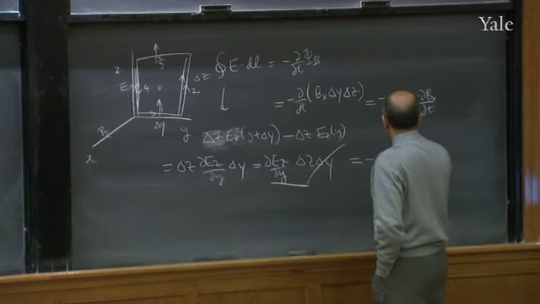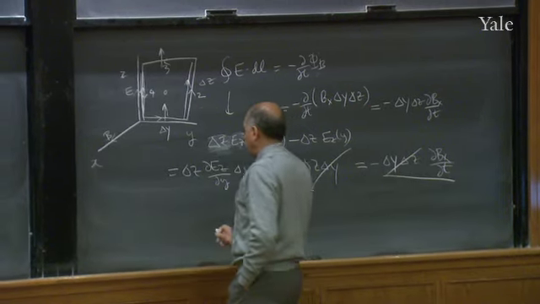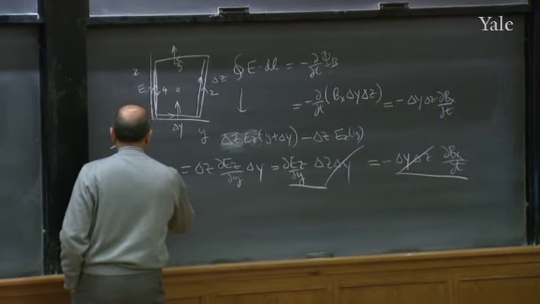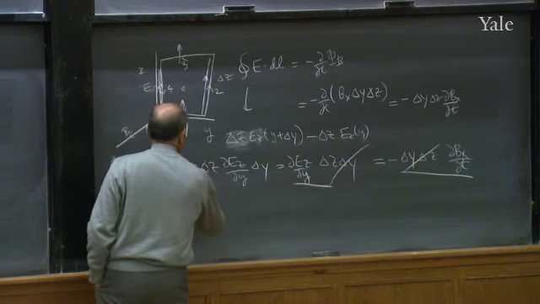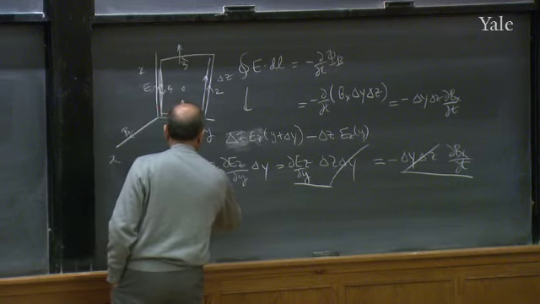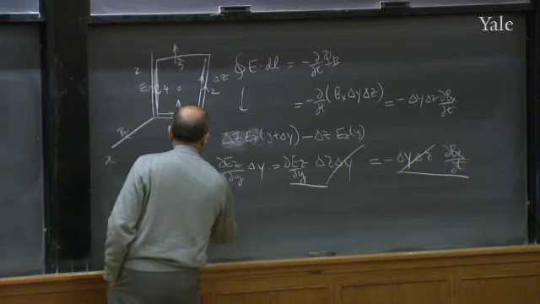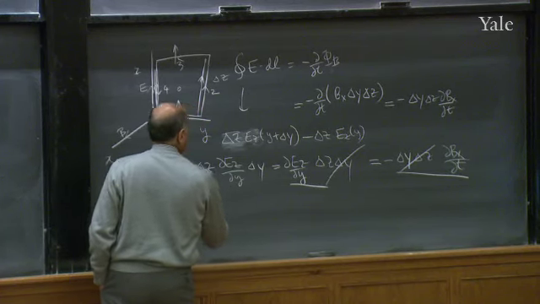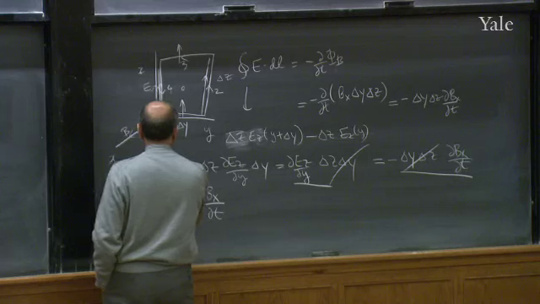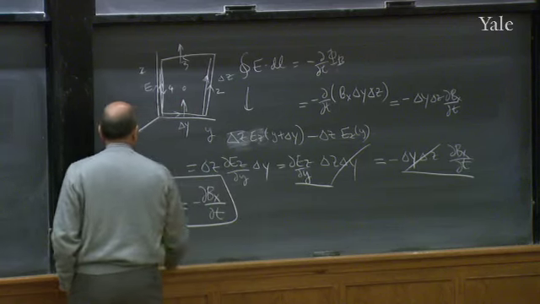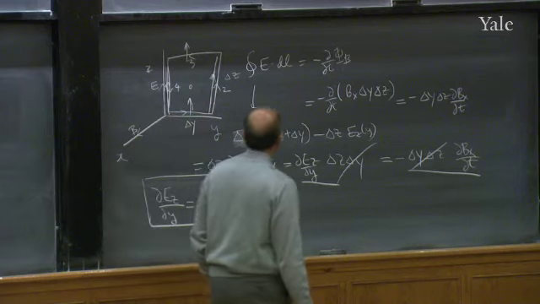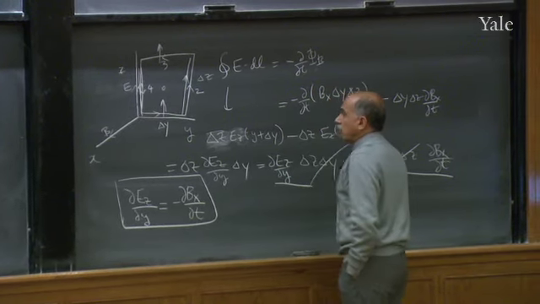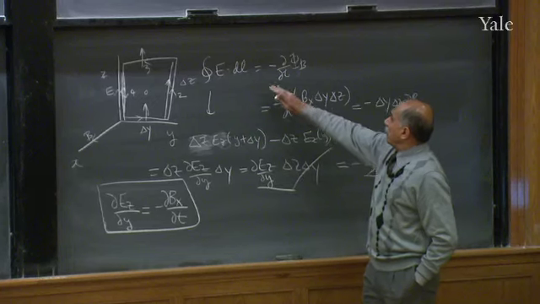So if you cancel all of this, you get the equation that I'm interested in, which is very important. dEz over dy is equal to minus dBx dt. This came from looking at this equation.